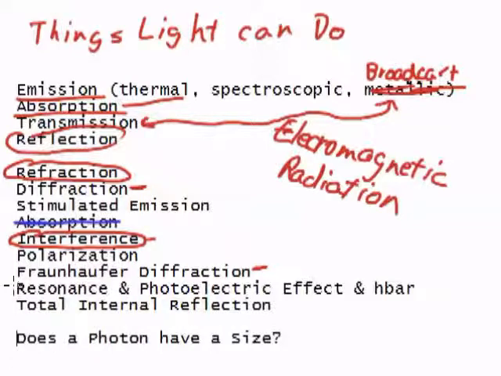So next, I guess last thing I'm going to talk about, resonance and photoelectric effect, and what I call H-bar, which is written H with a bar through it. The photoelectric effect is a process, I think I described a little bit of it earlier.